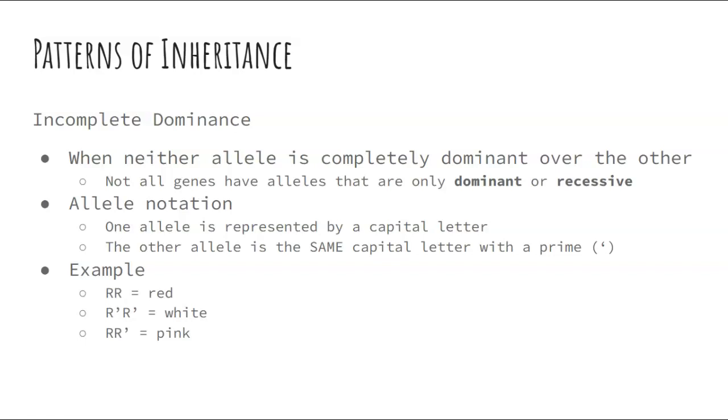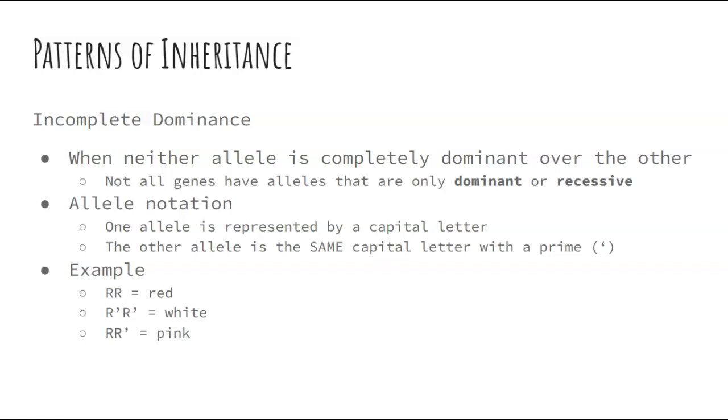Red and white blended together makes pink. Incomplete dominance shows an incomplete masking of the other allele. So instead of being just red or just white, we have a brand new third phenotype, which is a blend of the other two.